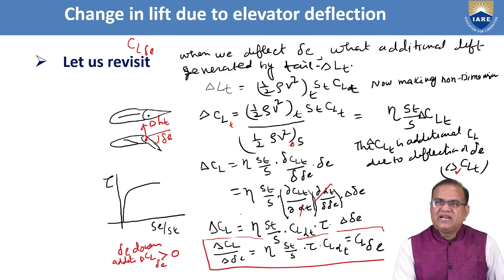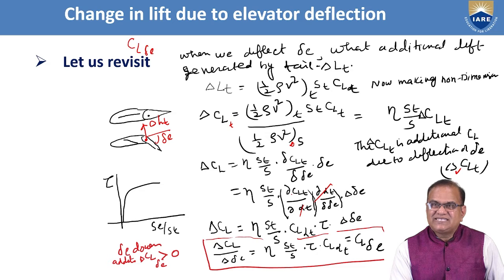So now delta CL is equal to eta ST by S, and this dCLT by d alpha t we can write as CL alpha t, and d alpha t by d delta E is tau, into delta E. So we have to find out now what is dCL by d delta E. We have to divide this thing and bring it here.